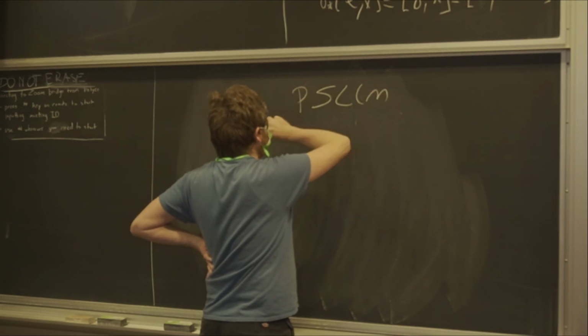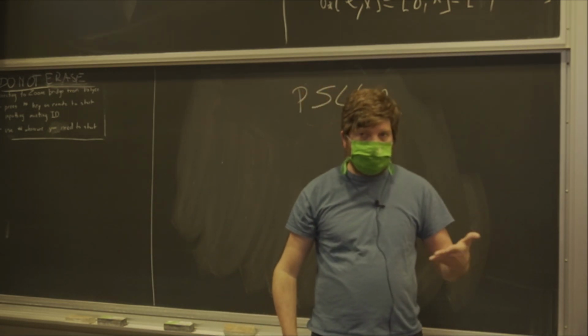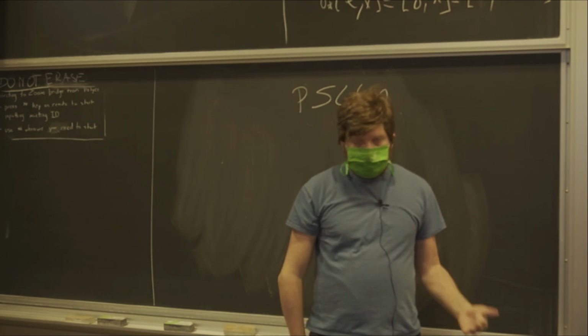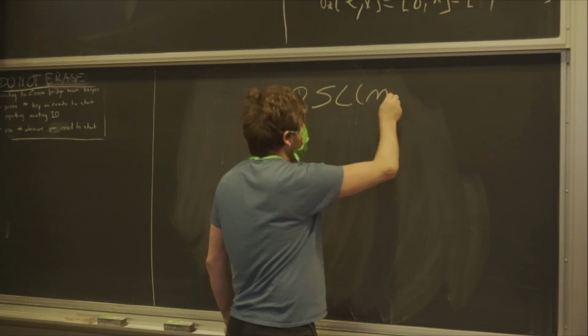Actually, not to make a mess. PSL_N(R) is you just quotient by this plus or minus 1 subgroup, so that the center is really trivial. So in the odd dimension, you don't need to do anything.